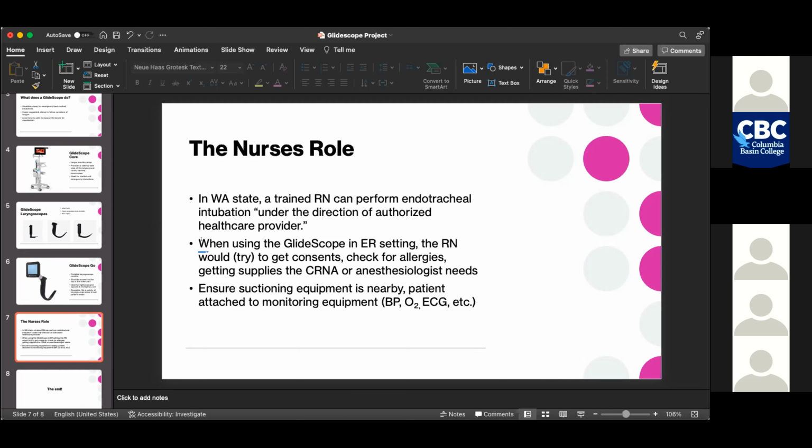And when using the GlideScope in the ER setting, the nurse would try and get a consent, but I doubt that happens very often, or check for allergies to the anesthetic or whatever medications they're going to be using, if they can. And then getting supplies for the CRNA or the anesthesiologist, and ensuring suctioning equipment is nearby at the bedside, and that the patient is attached to monitoring equipment like vital signs, oxygen, and an ECG, and that's it.